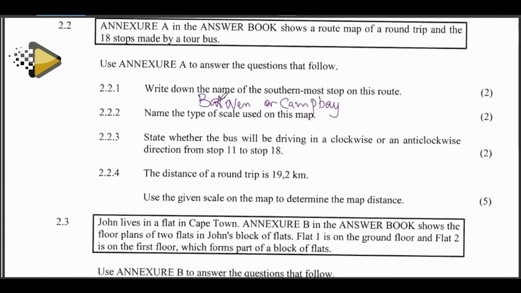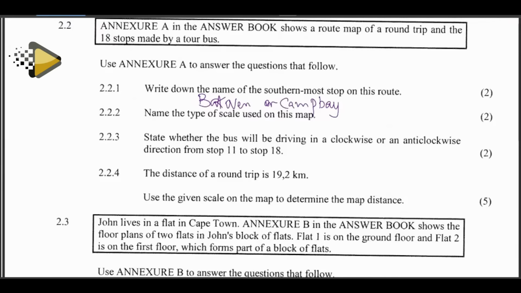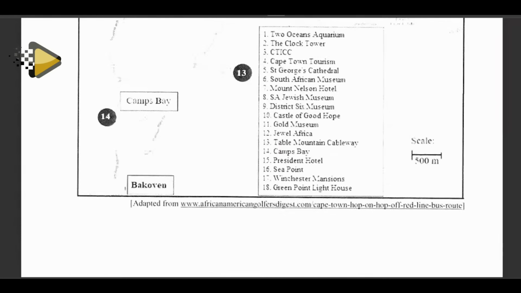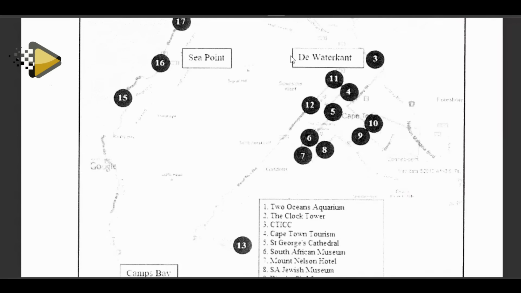Name the type of scale used on the map. This is a linear scale. They're asking you, state whether the bus will be driving in clockwise or anti-clockwise direction from stop 11 to 18. So it's coming down.